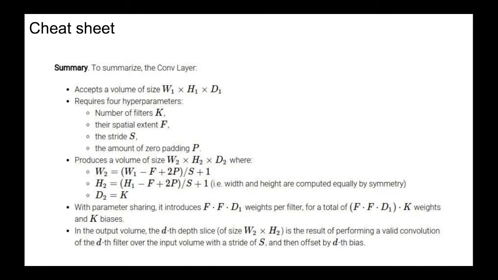If I had to connect my entire input to say one neuron, then I would have had to use w1 cross h1 into number of filters, that many parameters to just get the output of one neuron. But here all I am using is k dimensional filters spatially, right? So it's an immense reduction in the number of parameters. Here we are sharing parameters across the entire input. It's not global, the parameters are local and shared across the input.